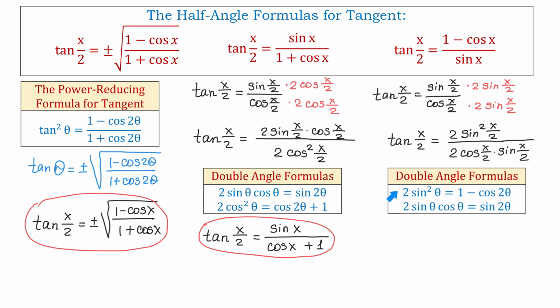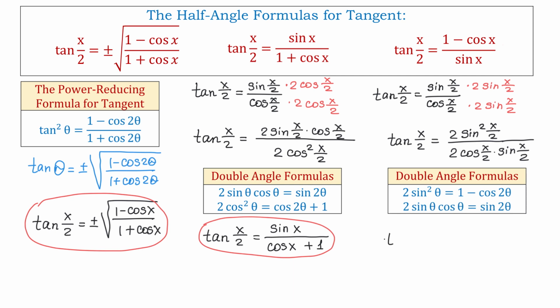For example, this one initially was cosine of 2 theta equals 1 minus 2 sine squared of theta. Now, if we use this formula in the numerator and we replace theta with x over 2, then on the right side we will have 1 minus cosine of x.